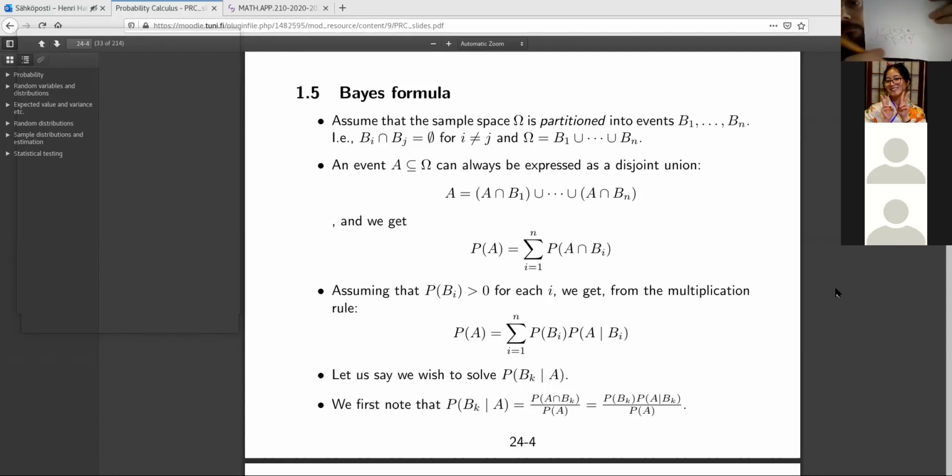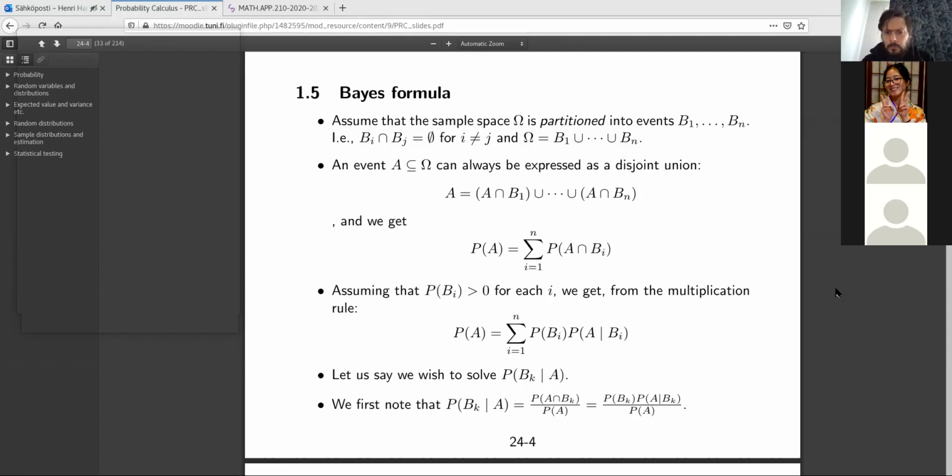We know the B's, and we know these parts in A, but we don't know exactly A, and we want to determine the probability of A given that we observe one of the B's, or the probability of each individual B, given that we observe that A happened.